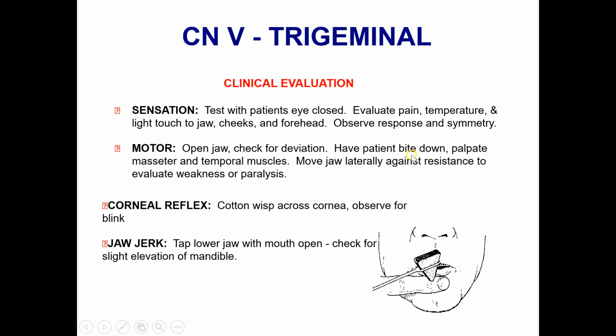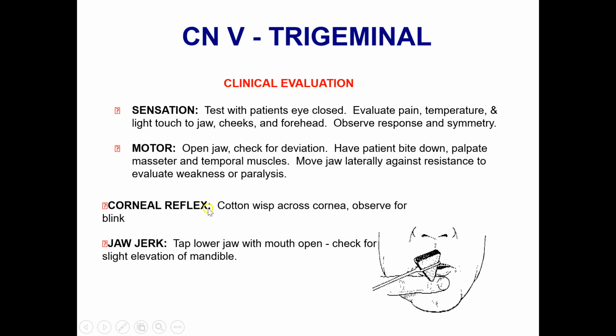Then have the patient bite down on something, though usually it is not performed during the exam. Palpate the masseter and temporalis muscles. Move the jaw laterally against resistance to evaluate weakness or paralysis. This is the motor examination of the cranial nerve, and usually this is placed in your exams.